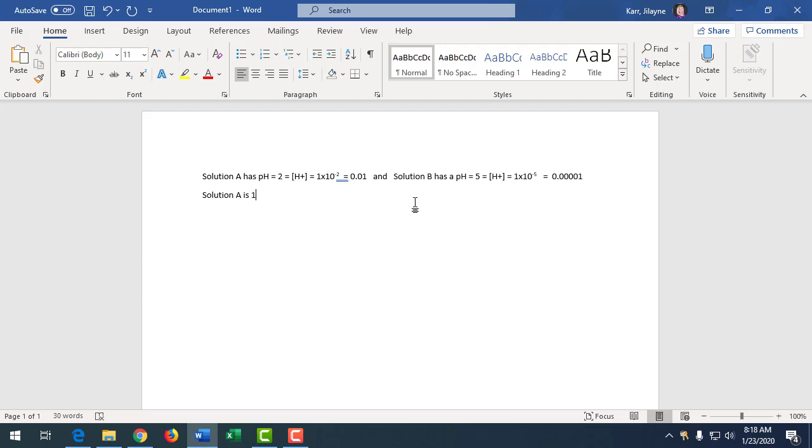Not 10 times 3, but 10 times 10 times 10, which is 1,000. So it's 1,000 times more acidic than solution B, because we're comparing 0.01 to 0.00001. This one has 3 more zeros, so 3 zeros on a 1 is 1,000.